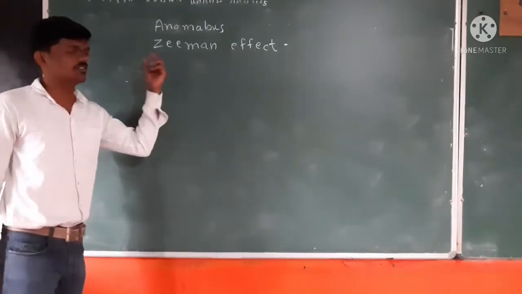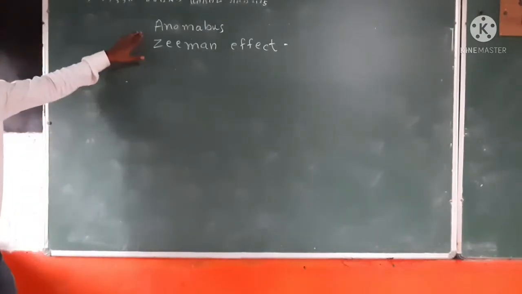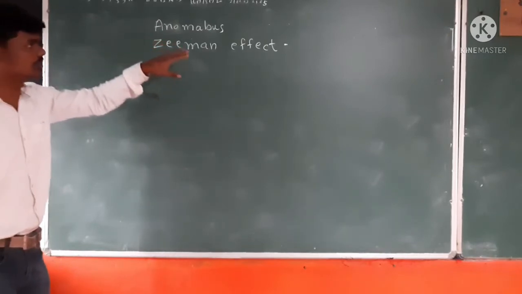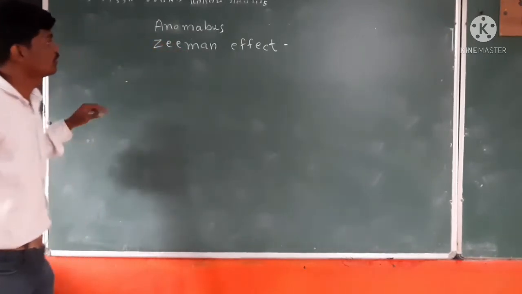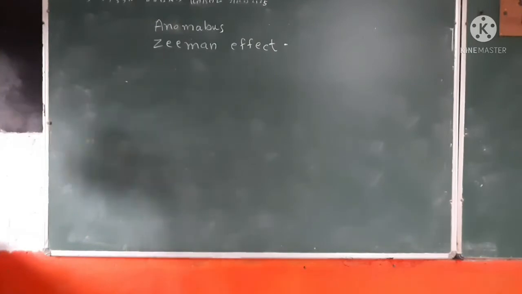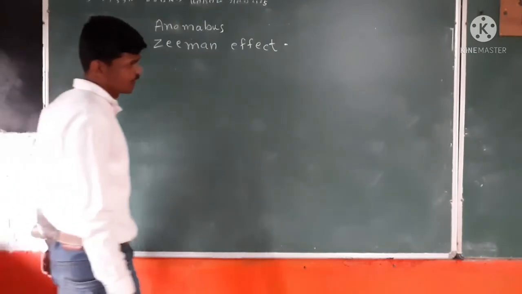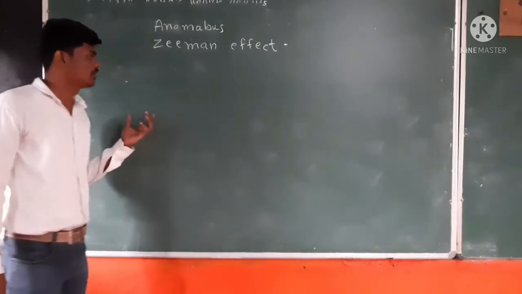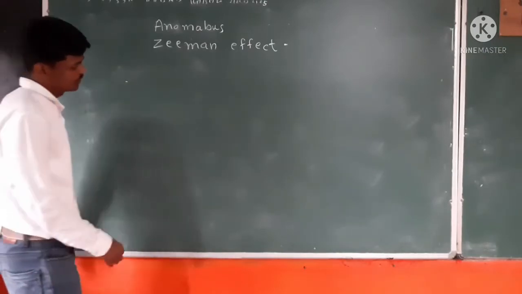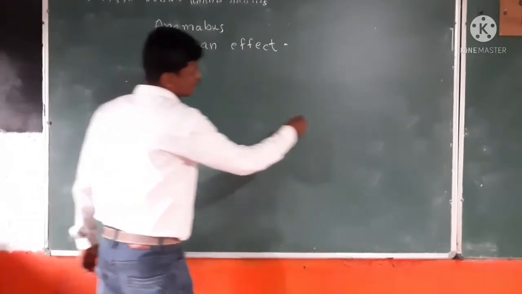Now we will study the Zeeman effect in detail. Obviously, the anomalous Zeeman effect, because we know the spin now. Here we will study the anomalous Zeeman effect using the vector atom model, which we are already using. Now consider this diagram here.